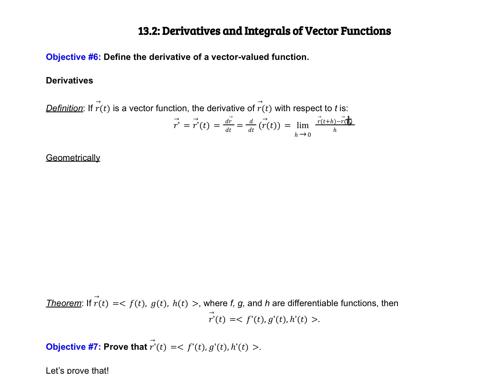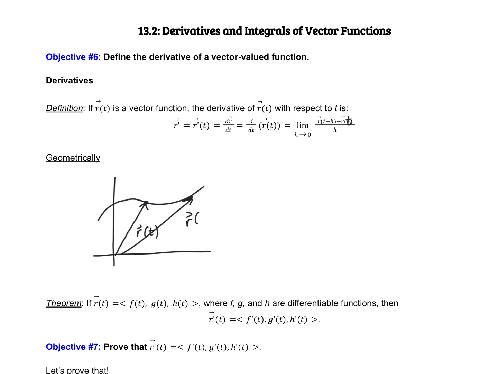Before we actually use that definition, we're going to talk about geometrically what this means. So let's say that we have some vector function in 2 space, like this. We have r of t, which is some vector that ends at that point. And then we're going to add h onto that, which is going to give us a different point.